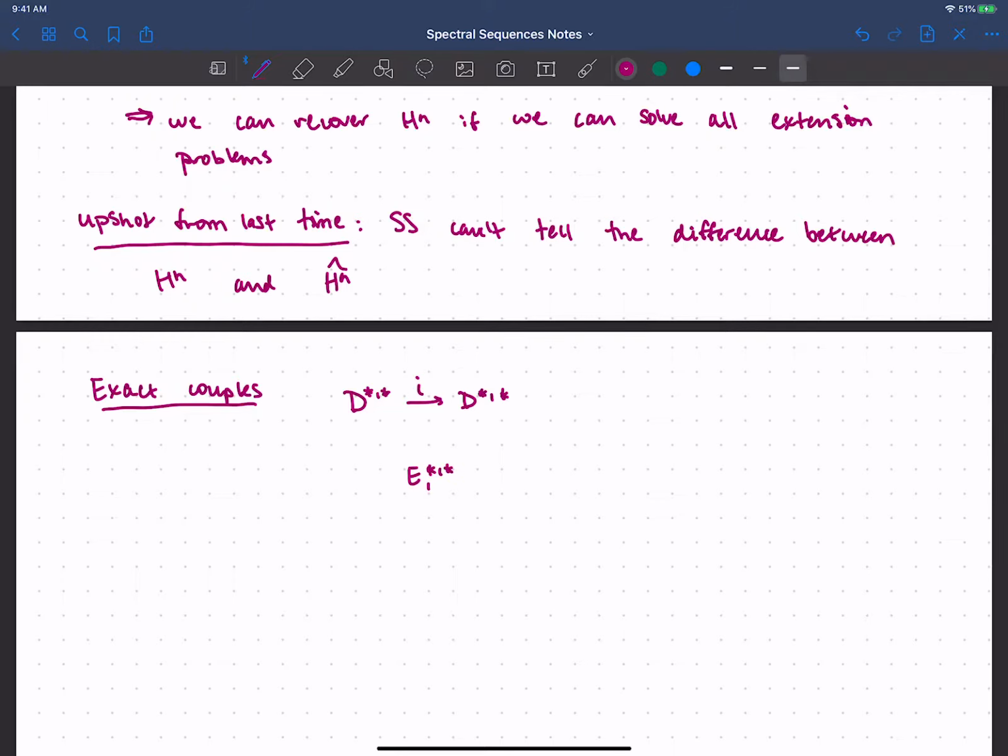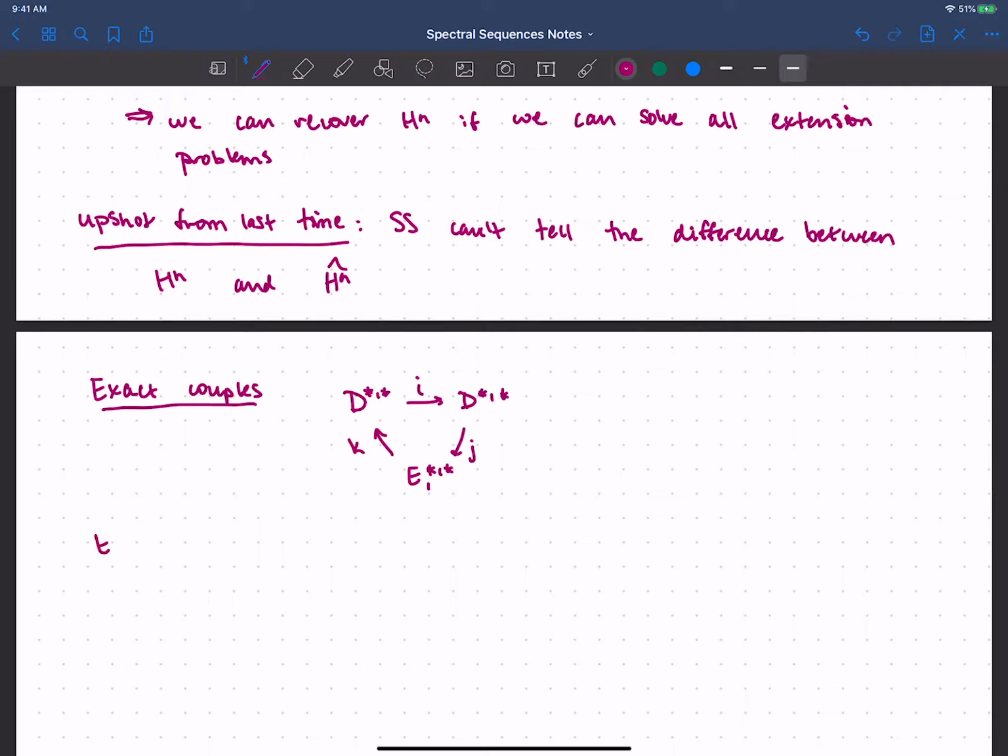So I have these I maps, J maps, and K maps. I've got these bi-graded groups D and E, and I guess I'm calling it E1. So of course I could have my spectral sequence start in the E2 page or whatever. I'm just going to write it as E1. You could always re-index if you wanted.